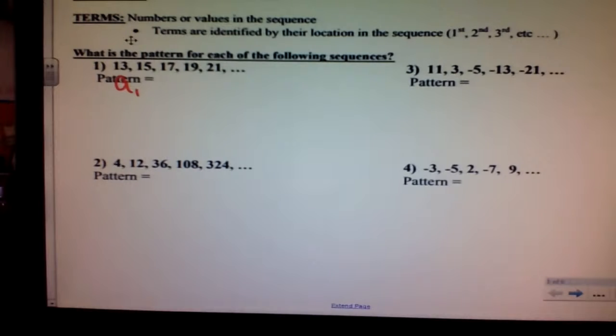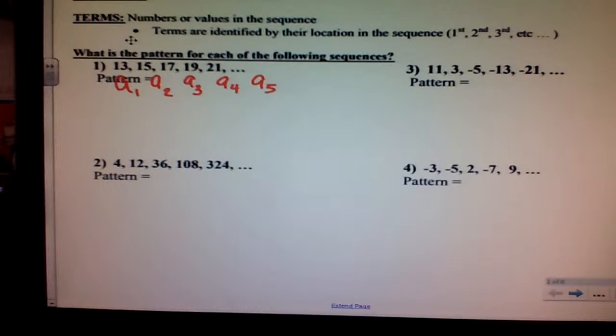Okay, so 15 then is A sub 2, 17 is A sub 3, 19 is A sub 4, 21 is A sub 5. So, A just tells me that we're in sequence A. I could have called this T sub 1, T sub 2, T sub 3.